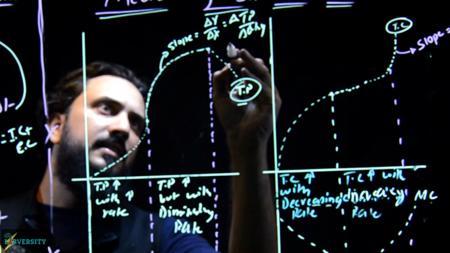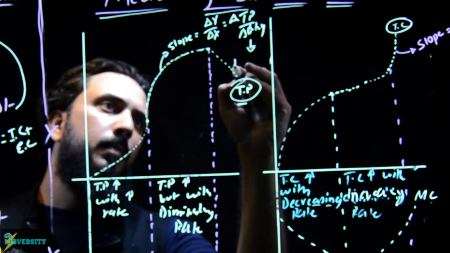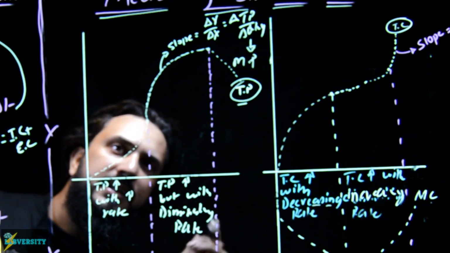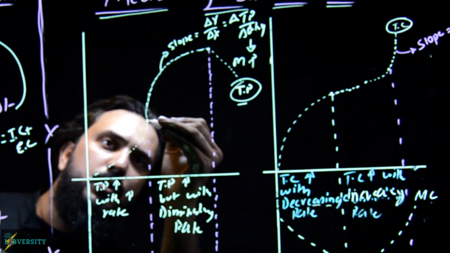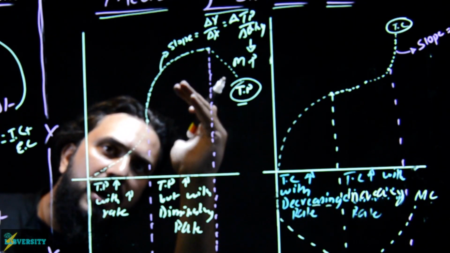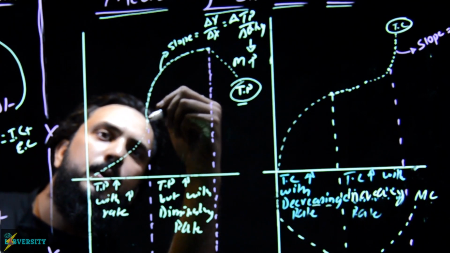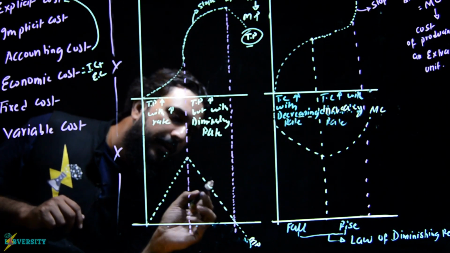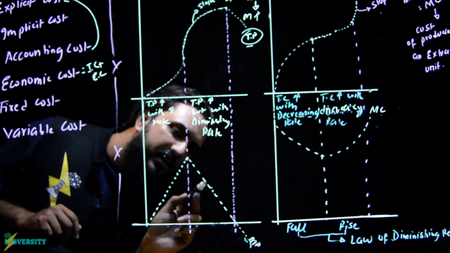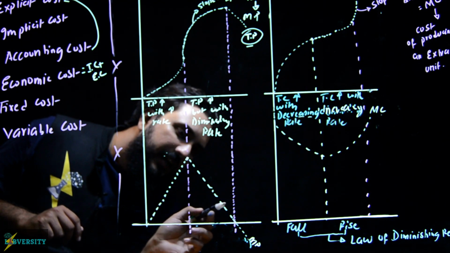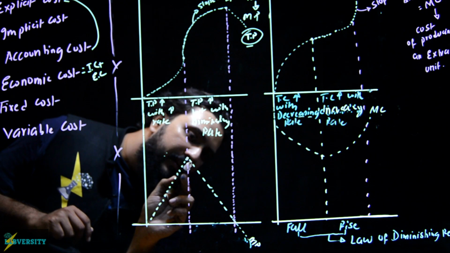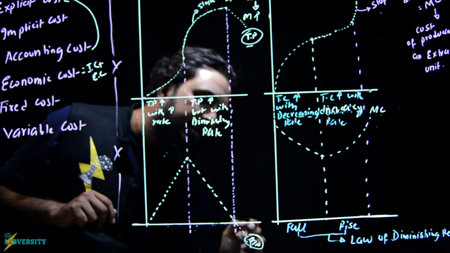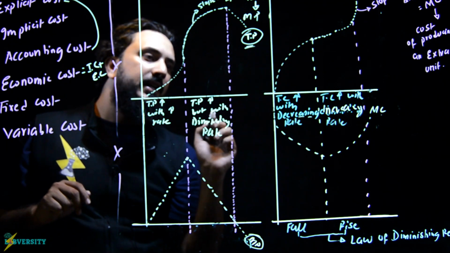This is the formula we use for marginal productivity, and since we are drawing the curve for marginal productivity, at the point where your total productivity starts to increase with a decreasing rate, your marginal productivity will start to decline. It will show a declining trend. So this is how you can compare your marginal productivity with the total productivity.